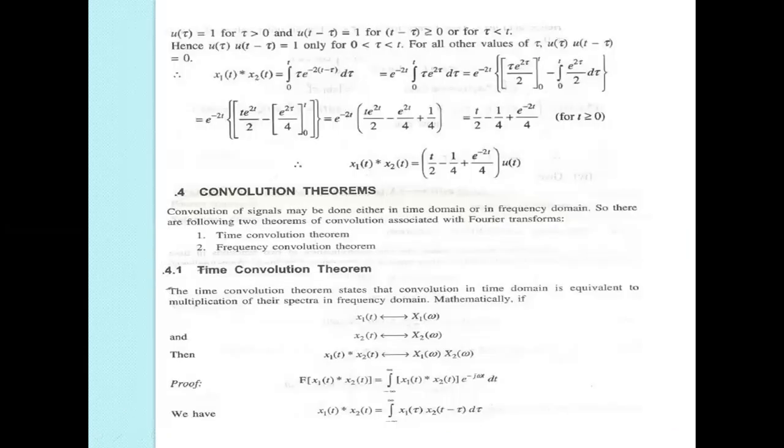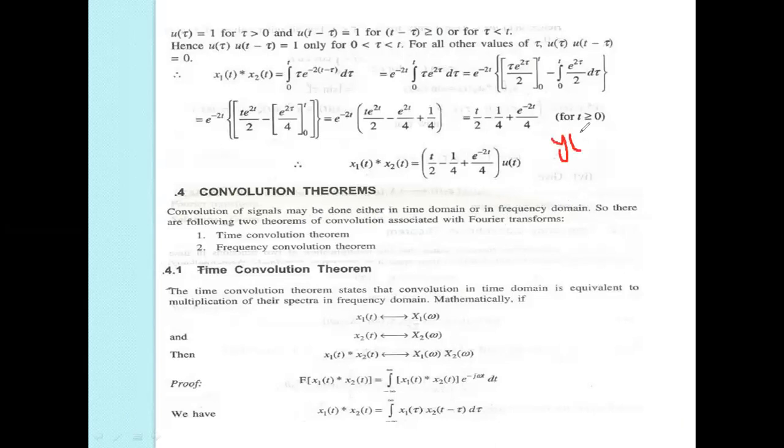So the convolution theorem. Convolution of signals may be done either in the time domain or the frequency domain. Time domain means it's a continuous time function. The frequency domain means it is in the discrete time function.